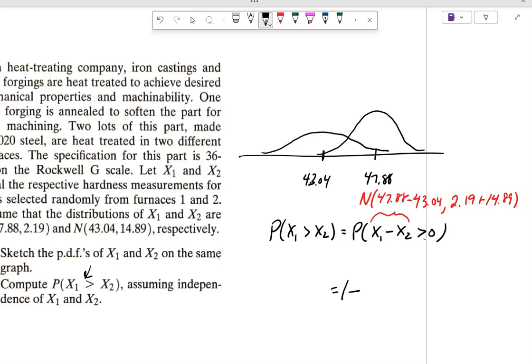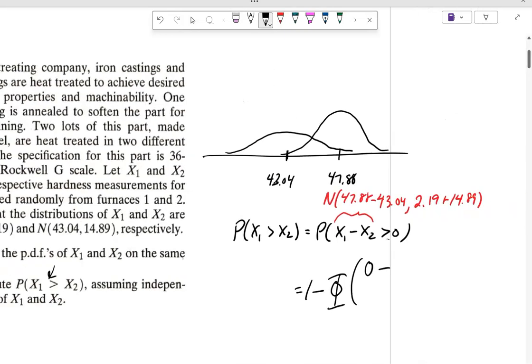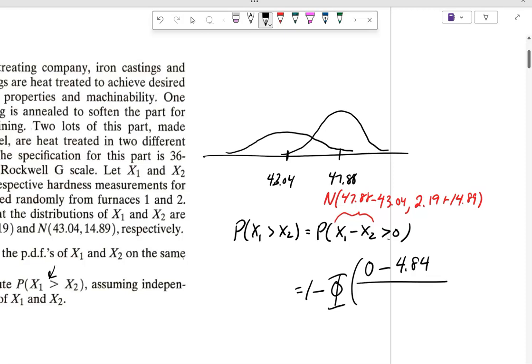Agreed? And then I would have 0 minus 47.88 minus 43.04 is what? 4.84? That is 17.08. So I'd have to do the square root of 17.08 because we have to divide by the standard deviation. Make a z-score, right? Isn't that what we would do?